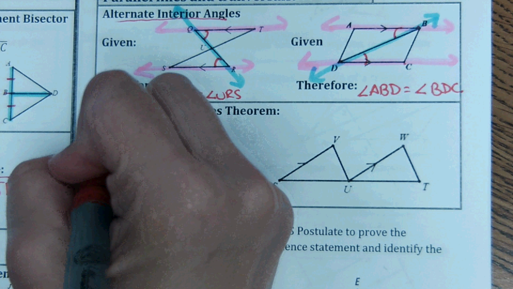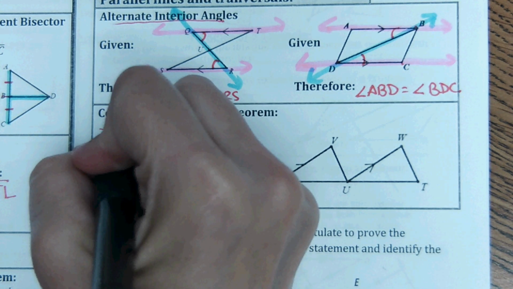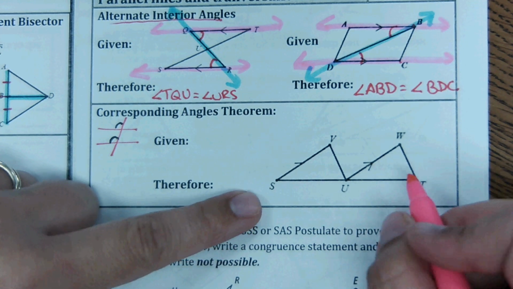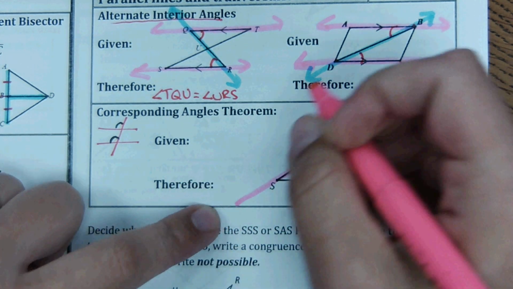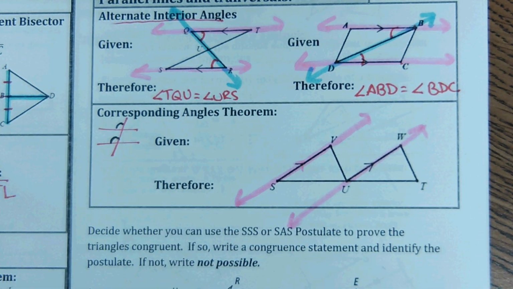Okay, and then corresponding angle theorem. Remember, corresponding angles look like this. So if you have parallel lines and a transversal, corresponding would be like this angle and this angle. So in this situation, it's hard to see what's going on, but it does have these little symbols for parallel lines. So this line is parallel to this one.